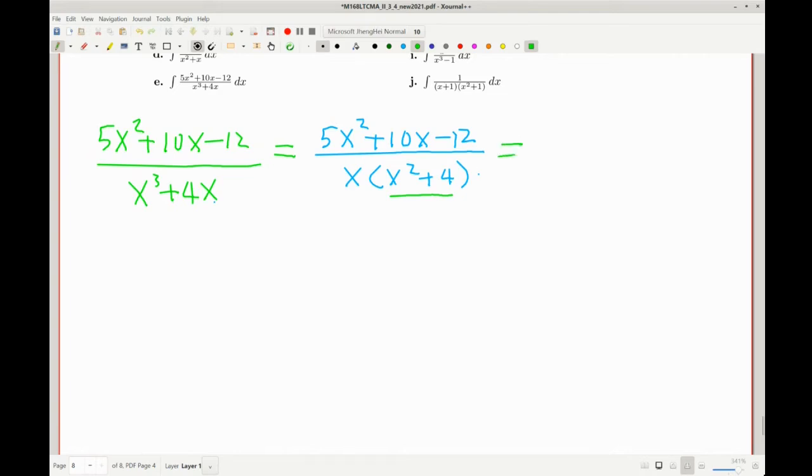So the technique, if we have such a situation, is that we have A over the linear factor, plus, for what we call a quadratic factor, the prescription is to have Bx plus C over x squared plus 4.